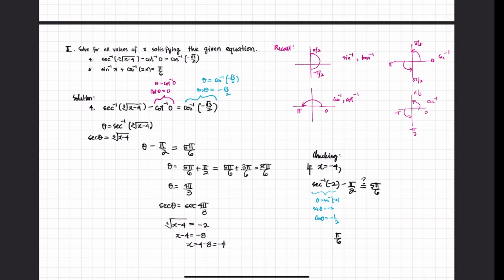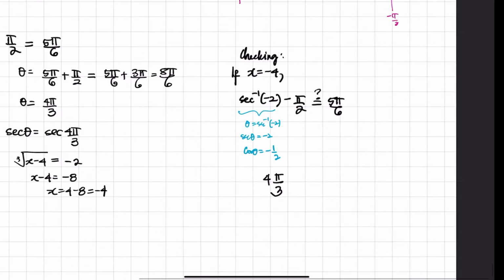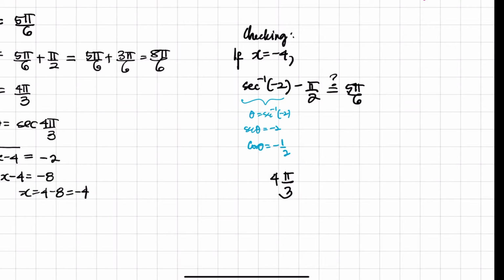Sorry. Not pi over 6. Pi over 3. So, it's a multiple of pi over 3. Tapos, nandito sa quadrant na ito. So, it's 4 pi over 3.